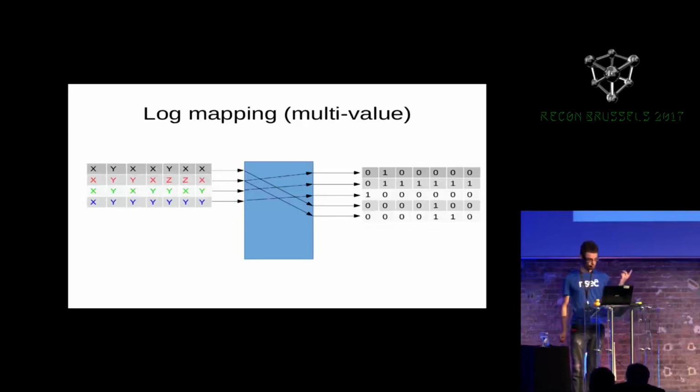So from here, okay, you see this point here has 3 values. So it needs at least 2 bits to be able to encode all these states.